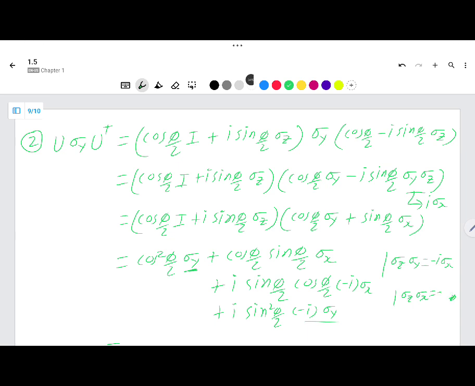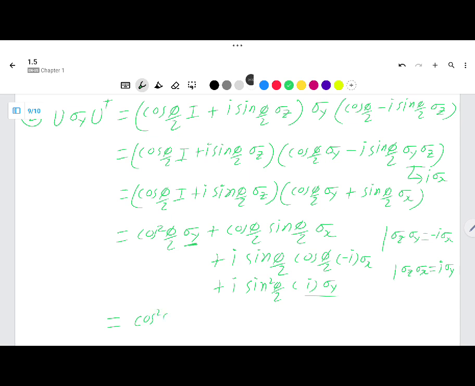Sigma z, this is plus actually. A mistake here. Sigma y. So this will be positive. Okay.